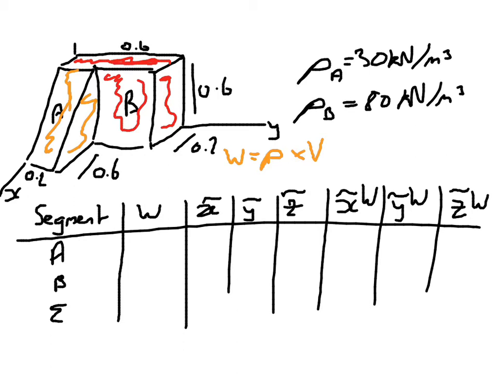So the weight for A is going to be 30, your density, times 0.6 times 0.6 times 0.2 times a half, so 1.08. And your weight for B is going to be 0.6 times 0.6 times 0.2 times 80, and that's 5.76.